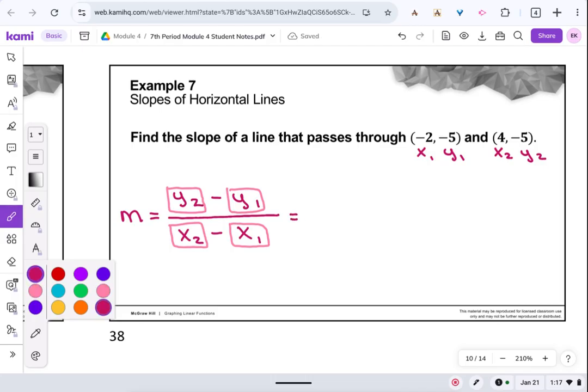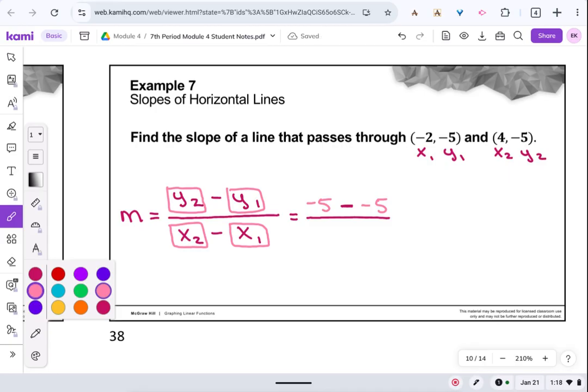I like to do this just so we can see what we're replacing here. So we'll bring over our equal sign and our fraction bar. y2, if I look up what I've labeled, is -5. So -5 will go first, minus sign in between. y1 is also a -5, so -5 minus -5 is going to be on top.